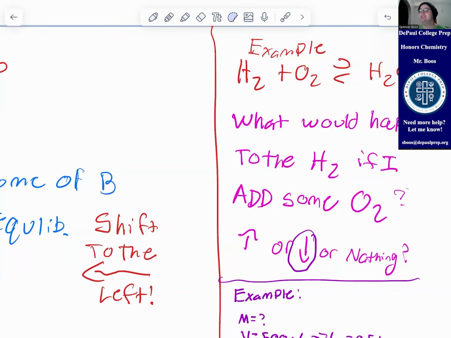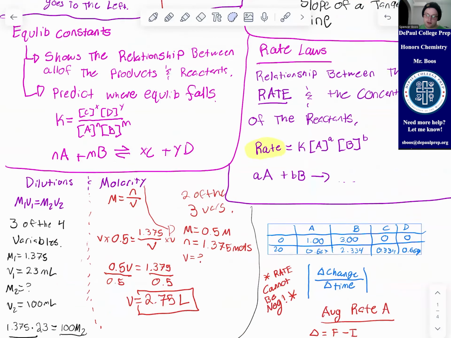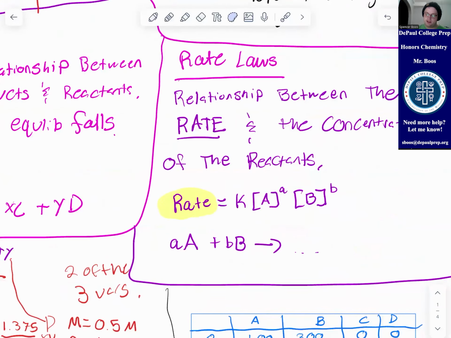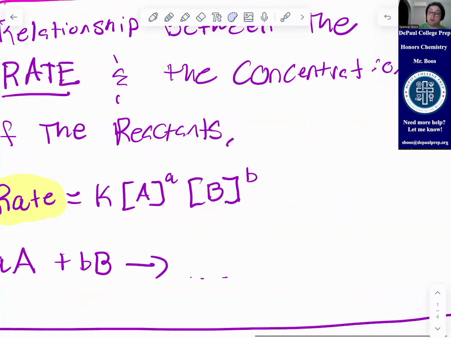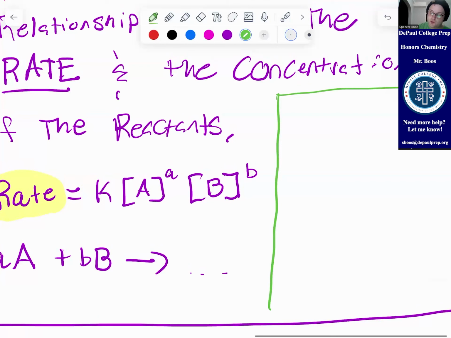Can you go over rate constant? We did. If you had to define a specific rate constant, how would you do it? Okay, let's go here. I know we did it, but this is a good place to do it. So, rate constant.